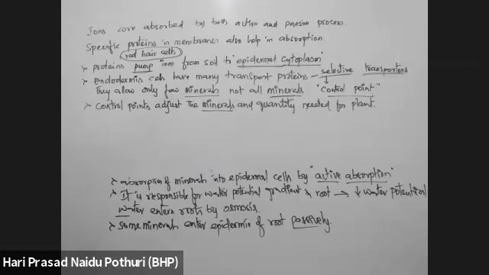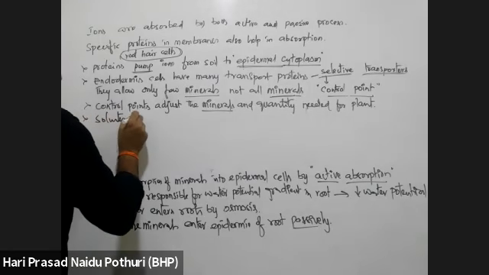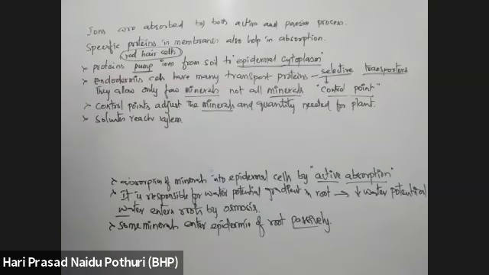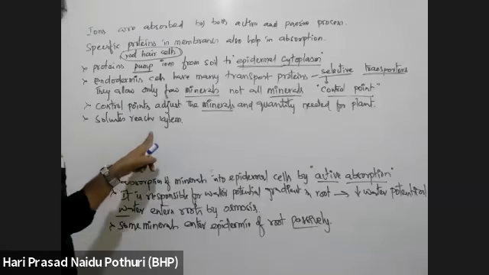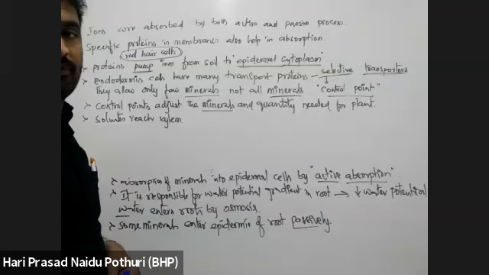And finally, the solutes reach the xylem strands. Now here is the root endodermis. The endodermis has the Casparian strip and passage cells.